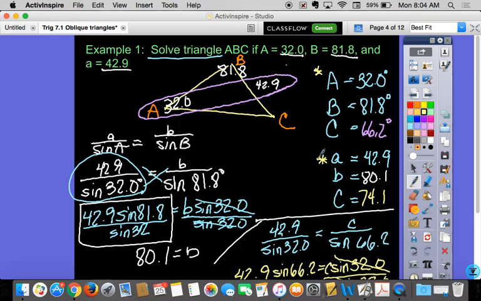But for B and C, technically speaking, we should have done C first. You should always do them in order of size. So the next largest one was 66.2. We should have done C next and then B. So if there was any variance or something, that takes care of it. So my bad on that. Next time, we'll pay attention to the size of the angles.